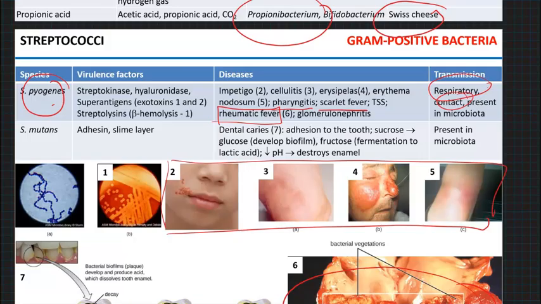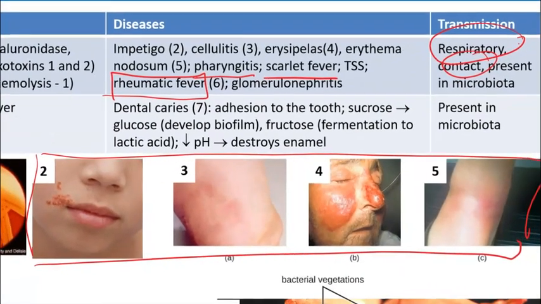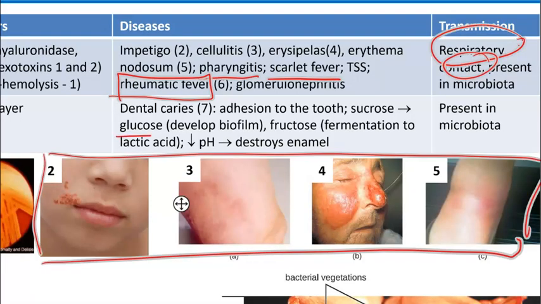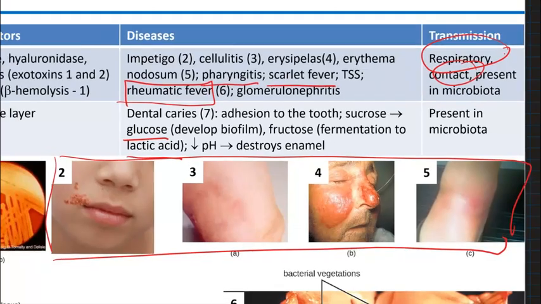Okay. Now, strep mutans causes the most common bacterial disease in the world, which is dental caries. So it can be present in the oral microbiome, and it thrives on sweets. It uses glucose to form a sticky substance to stick to the surface of the teeth, and ferments fructose, producing acid.